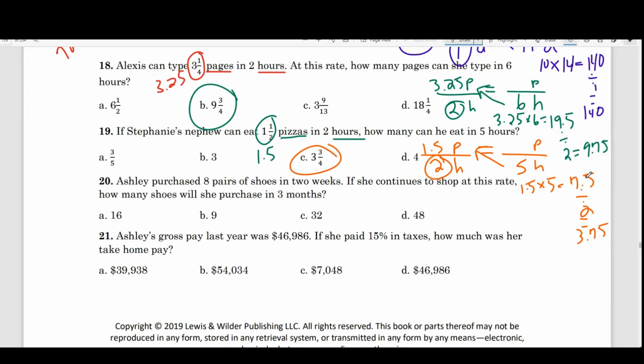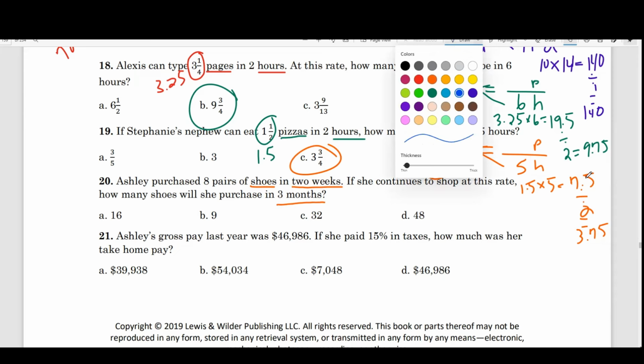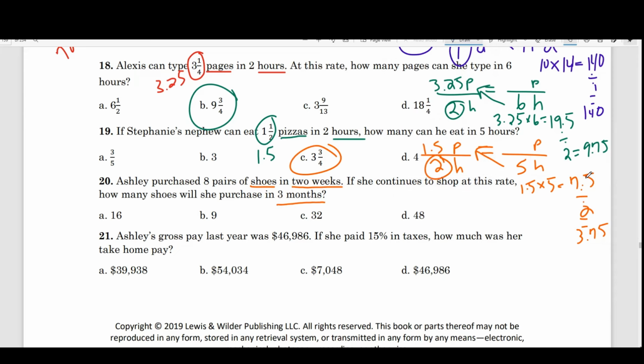On number 20, it says Ashley purchased 8 pairs of shoes in 2 weeks. If she continues to shop at this rate, how many shoes will she purchase in 3 months? So what are we talking about? We're talking about shoes and time. They give us 2 weeks and then 3 months, so we want to change months to weeks. We know there are 4 weeks in a month, so that would be equal to 12 weeks.